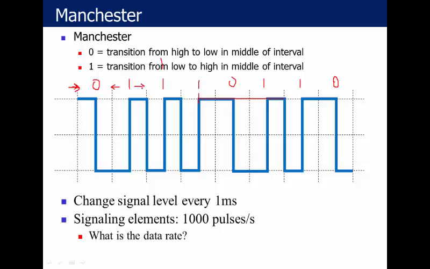Think about this. You go from high to low. High to low means there is a zero. So to get that one again, look at this. This is one, low to high. Another one, again low to high. But the only way you get from low to high is that you have to come down.